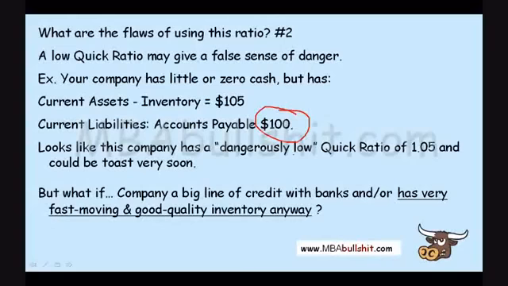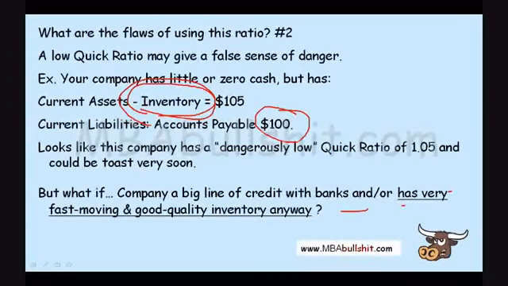Or what if this company has a very fast moving inventory anyway? Remember, in the quick ratio we subtracted inventory. We did not include it because we assume that inventory is not easily convertible to cash. But in some businesses, inventory is very easily convertible to cash or is very fast moving, so it becomes cash almost instantly.